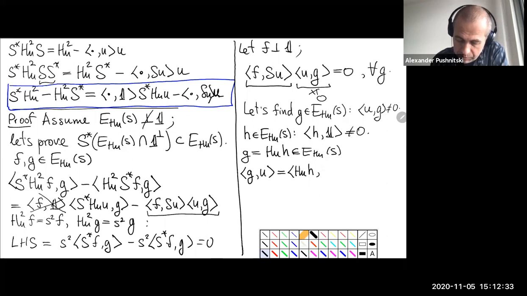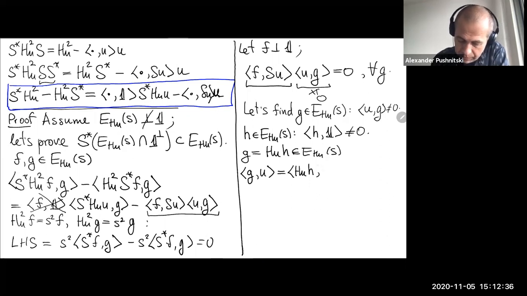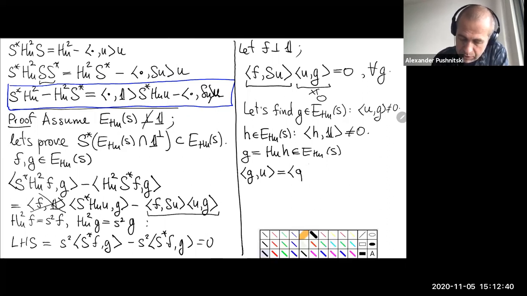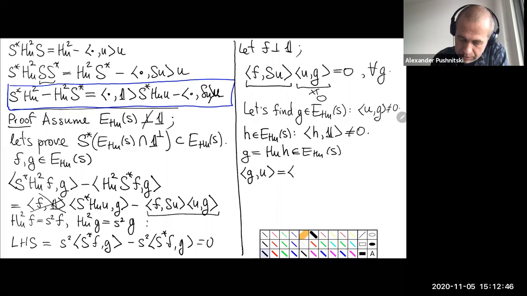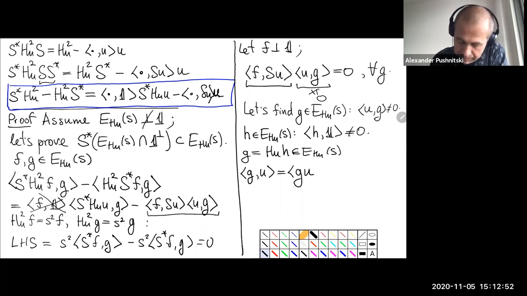So let me do this as follows. Sorry. Let me write it as GU. So GU, this is the following thing. This is G times U, 1 times U G bar. Now I'm thinking of this inner product as a product in L2.